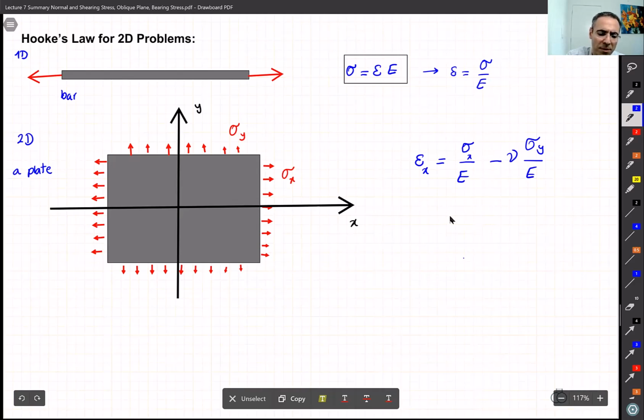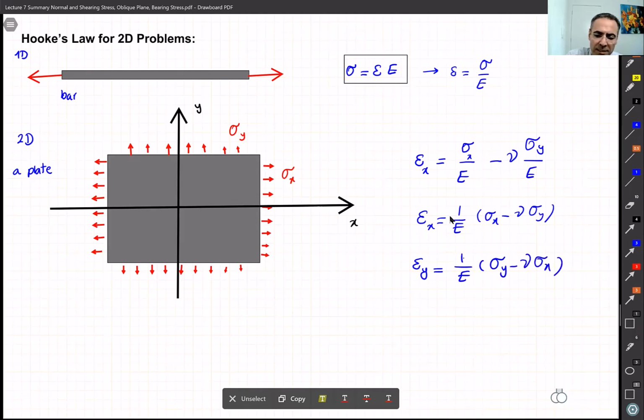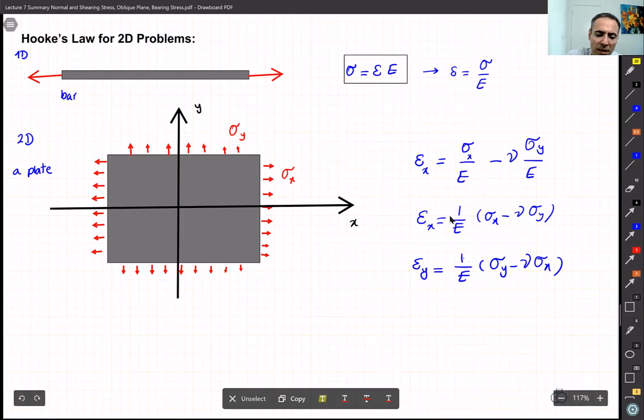So let me simplify it. Epsilon X is equal to 1 over E times sigma X minus nu sigma Y. And with a similar concept, we can write down epsilon Y, which is 1 over E times sigma Y minus nu sigma X.